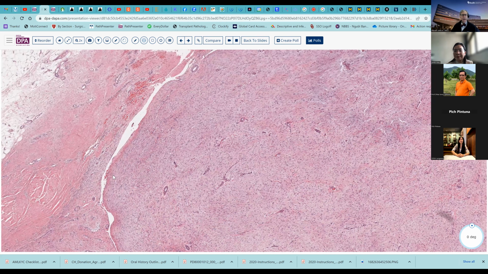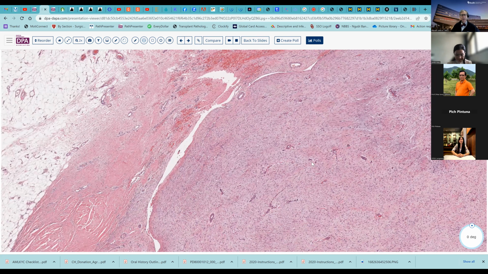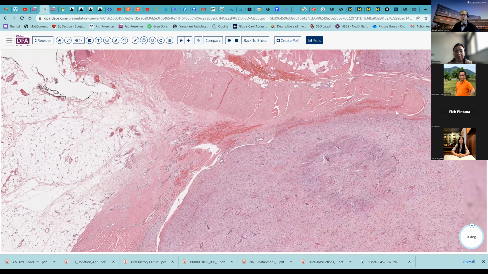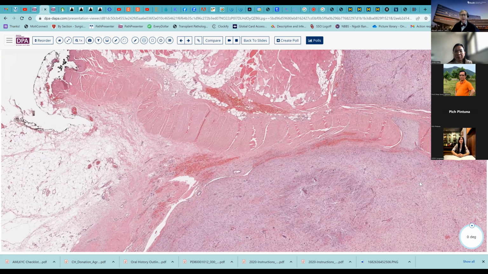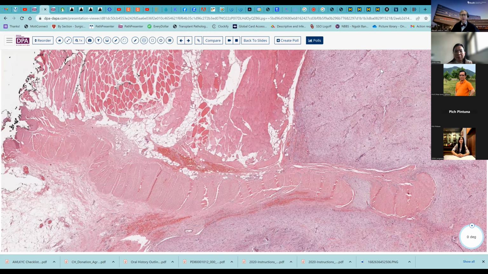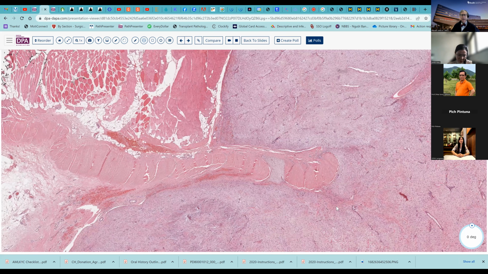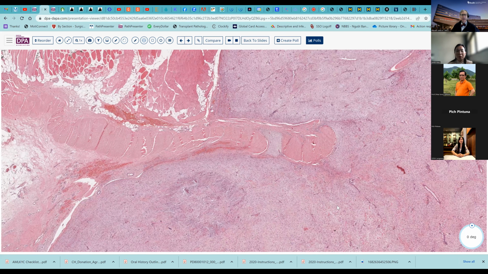And usually with the deep ones or the more serious ones, the margin is fairly well circumscribed, although as you see, it can have an infiltrative capability in these nodular growths to extend into deeper structures. Now, this is an important diagnosis to be able to make on needle biopsy because increasingly this is not a surgical disease.